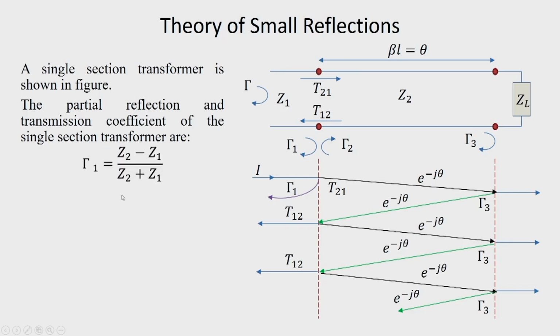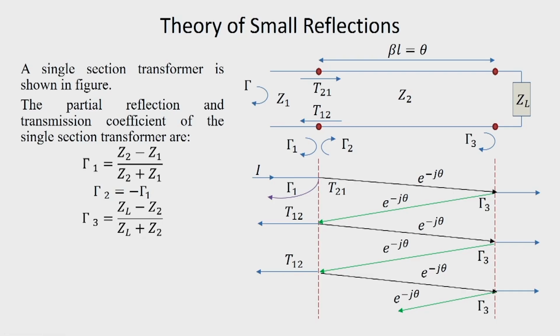So, we can write these partial reflection coefficients. Gamma 1 is Z2 minus Z1 divided by Z2 plus Z1. Gamma 2 will be Z1 minus Z2 divided by Z1 plus Z2, which is the same as minus gamma 1, and gamma 3 will be ZL minus Z2 divided by ZL plus Z2.